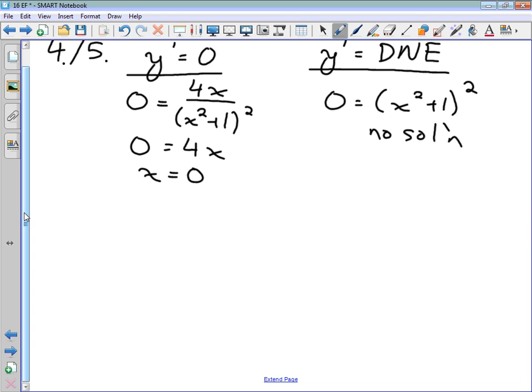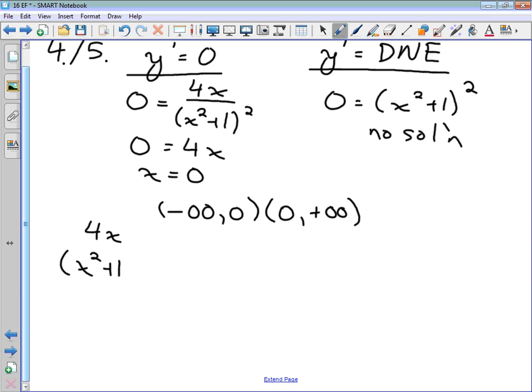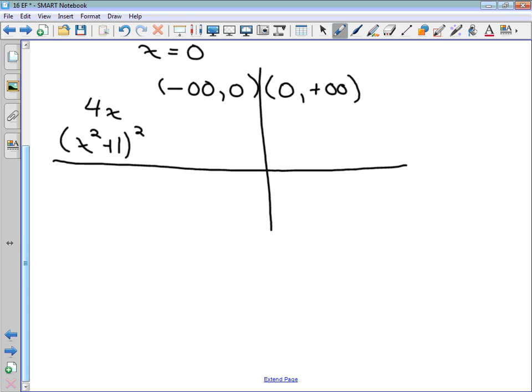Our intervals are going to be from negative infinity to 0, then from 0 to positive infinity. And we are checking the sign of each term in our first derivative: 4x and (x squared plus 1) squared. So let's see. If x is negative, 4x is going to be negative.